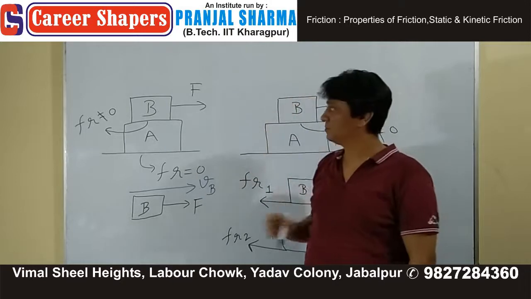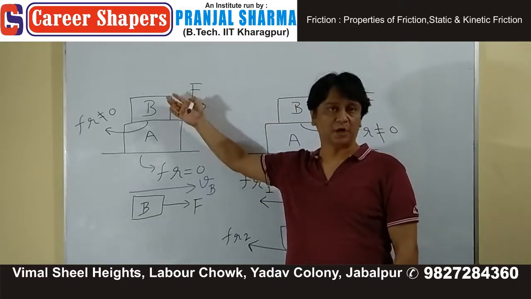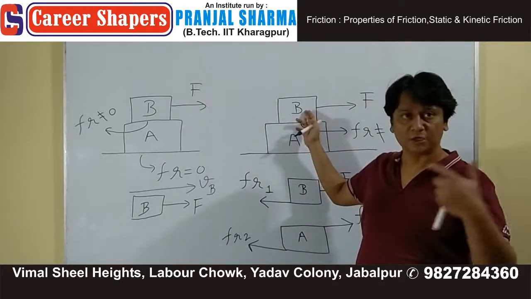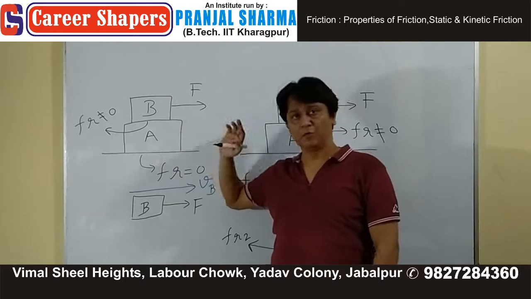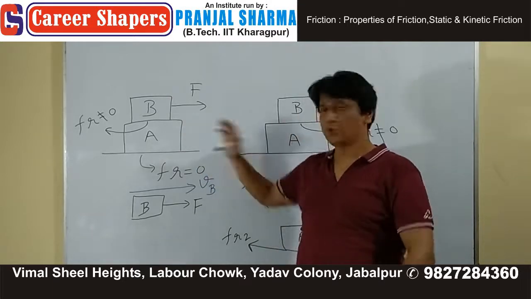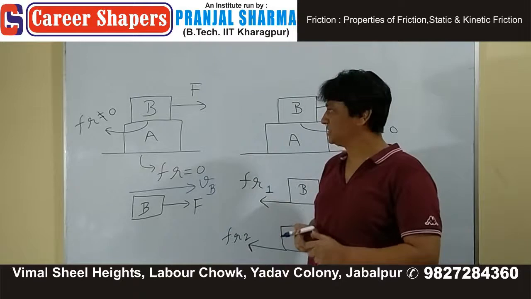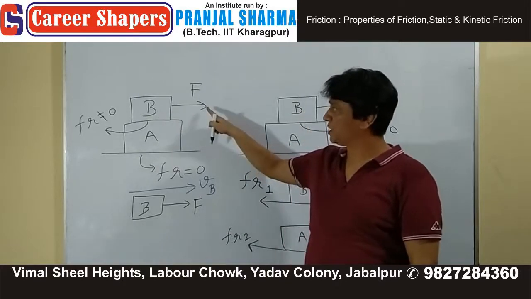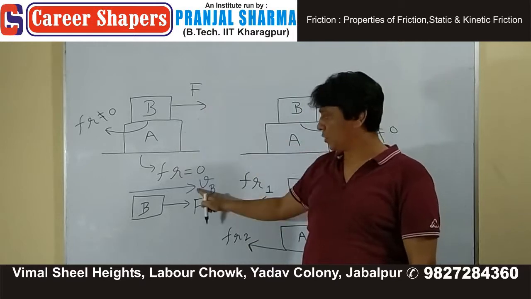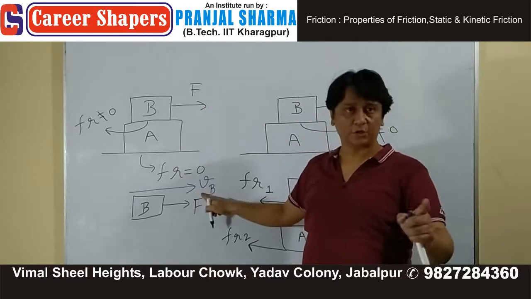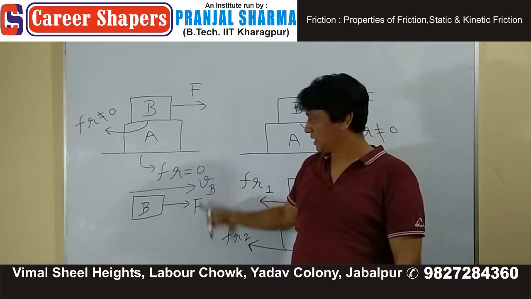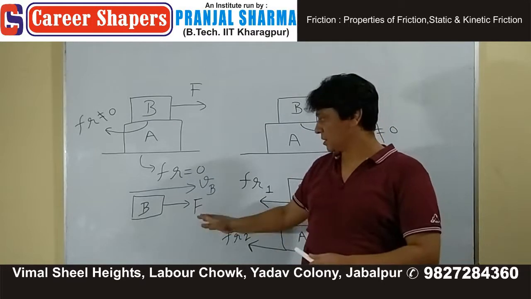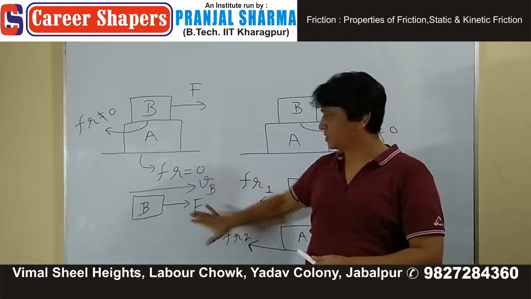We'll learn later. There is a possibility, not in this figure but in another, that B doesn't move. In this, it will always. You will understand these minute differences later on. This B, since it's being pulled by F, will always move. Velocity represents motion in the direction of force. There is nothing very difficult in this part.